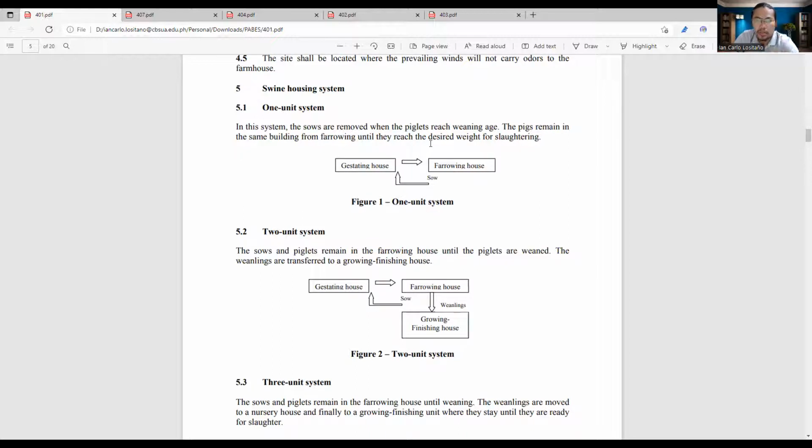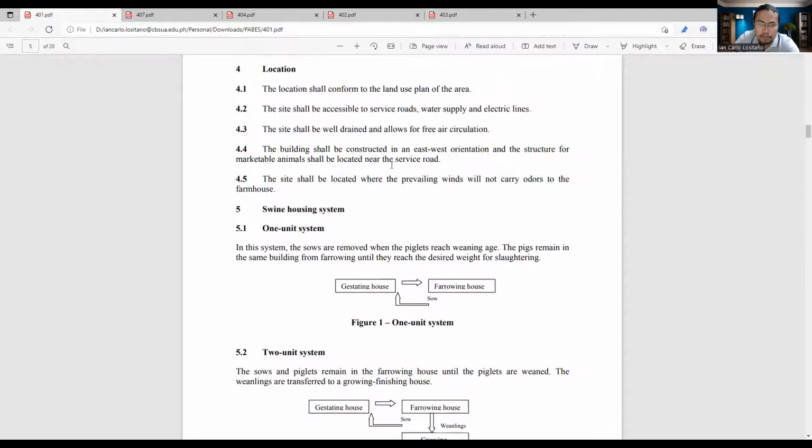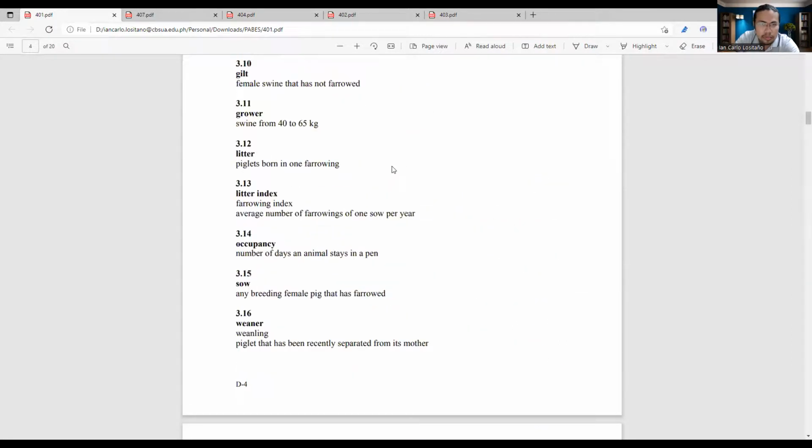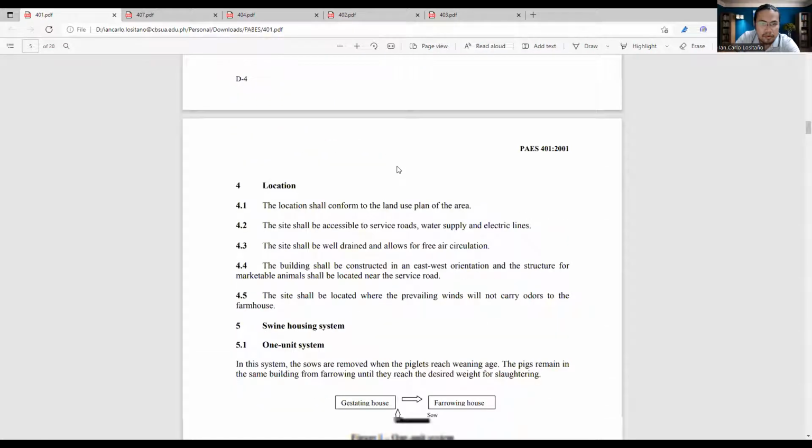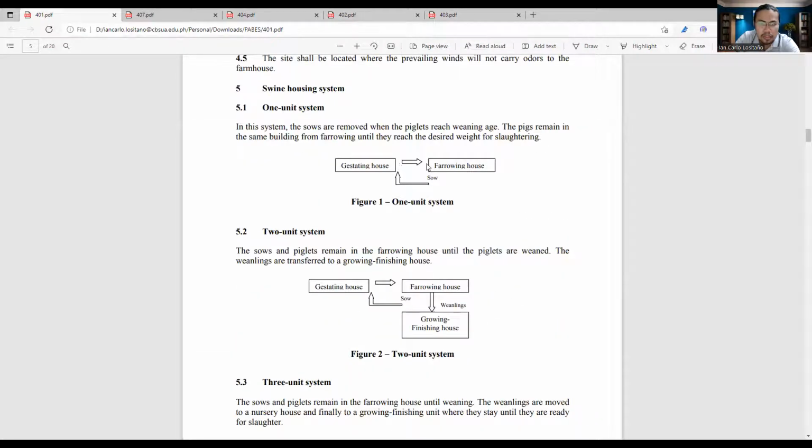So here in a one unit system, you have a gestating house. A female swine will be gestating inside this house, and then farrowing in another house, giving birth in another house. So the sow will be moving back to the gestation location.